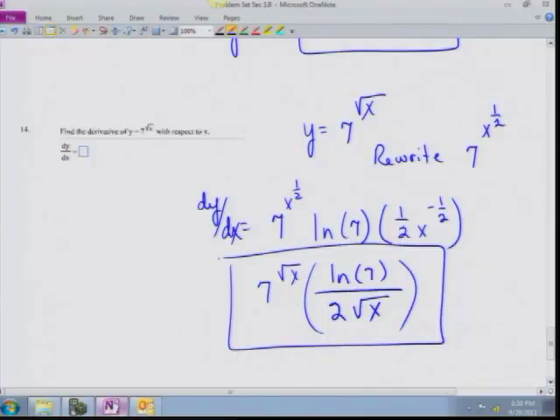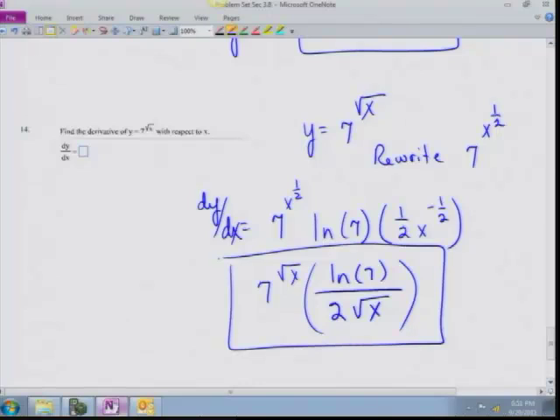You didn't get that? Okay. The rule, ma'am, is a to the u, ln a, times the derivative of u. So the derivative of this is 1/2 x to the negative 1/2. You got that? It's this part that you're confused on. So we change this back to 7 to the square root of x. ln 7, this thing's going to go on the bottom because it's negative exponent.